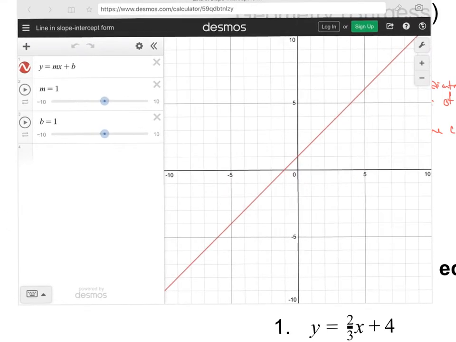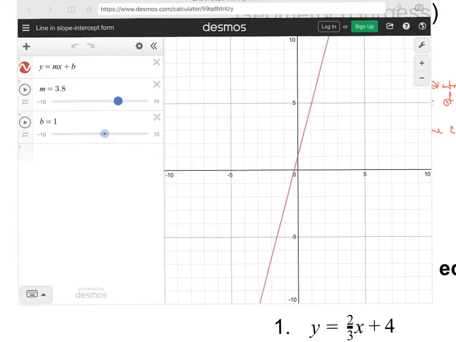Now this top slider here controls the slope. I can take it and change it. So as I change the slope, we can see that the line changes as well. So the steepness of the graph, when we say it indicates the steepness of the graph, as I change it, the steepness of the graph changes, okay?